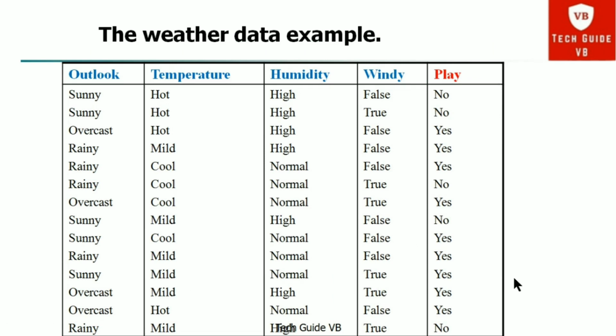So another example is given here. For that example, the input has 5 columns: outlook, temperature, humidity, windy and play.